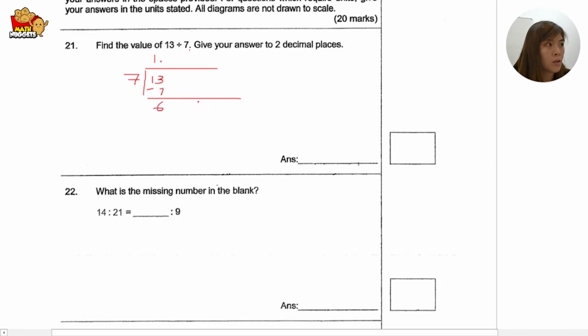Then not enough, so here I bring down 0, and I must put the decimal point. Then here will be 8, then 56, then 4, and then bring down 0 again, and here would be 5, 35, and do the same thing, bring down another 0.